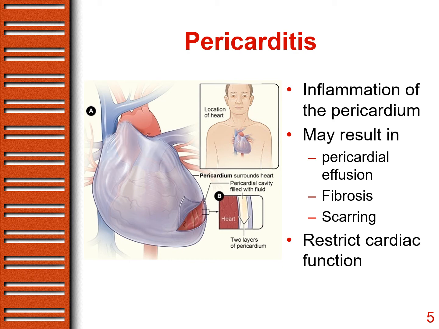Okay, and that is the buildup of fluid in between the layers of the pericardium. When the pericardium is scarred or thickened, the heart has difficulty contracting. This is because the pericardium has shrunken or tightened around the heart, constricting the heart muscle's movement.